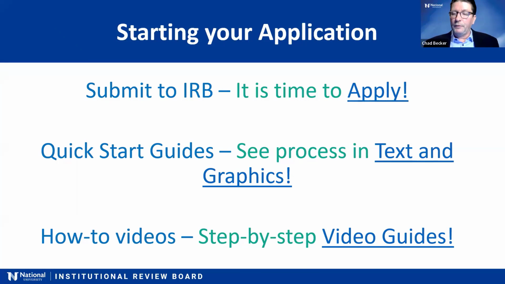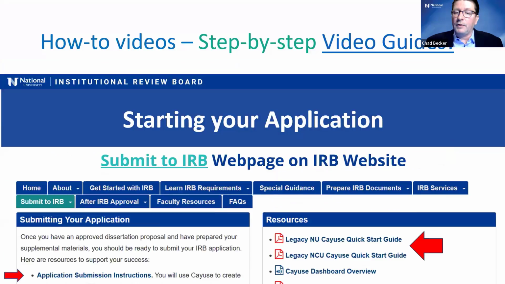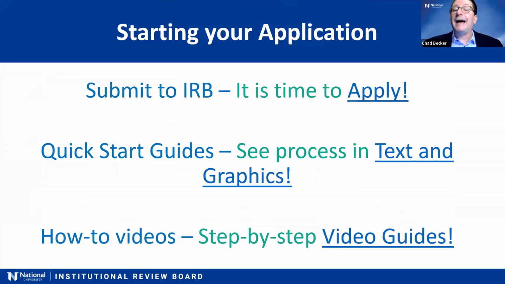And that is a little different than the criteria that we have for actually applying to us. So an approved dissertation proposal, supplemental materials already constructed, that is who we typically see as doctoral students needing. And I have another slide here. We'll stop for questions in a second.